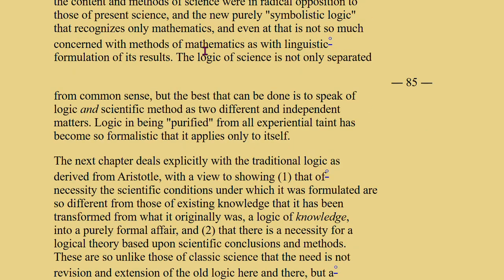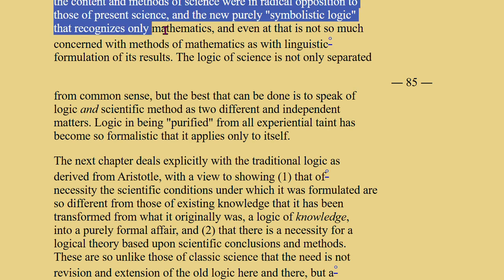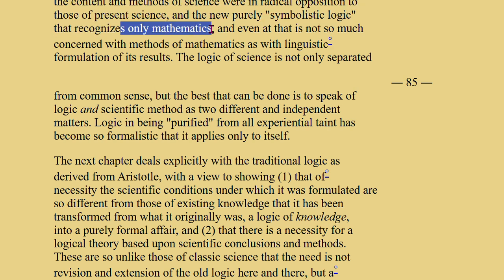So then you have, on the other hand, this new symbolistic logic that I think arose in kind of the mid-19th century, maybe a little bit earlier. I forget exactly. Frege and people like that and his followers, Russell and so on. The development of a purely symbolistic logic based in mathematics.